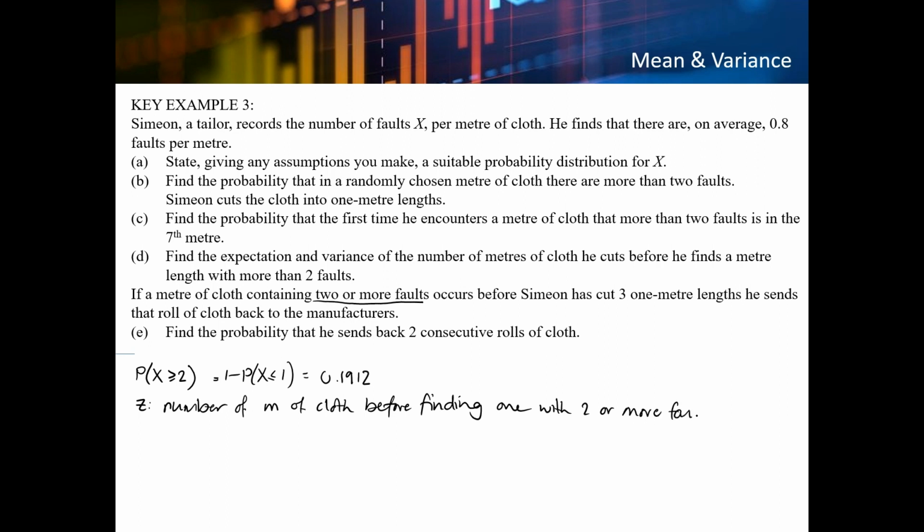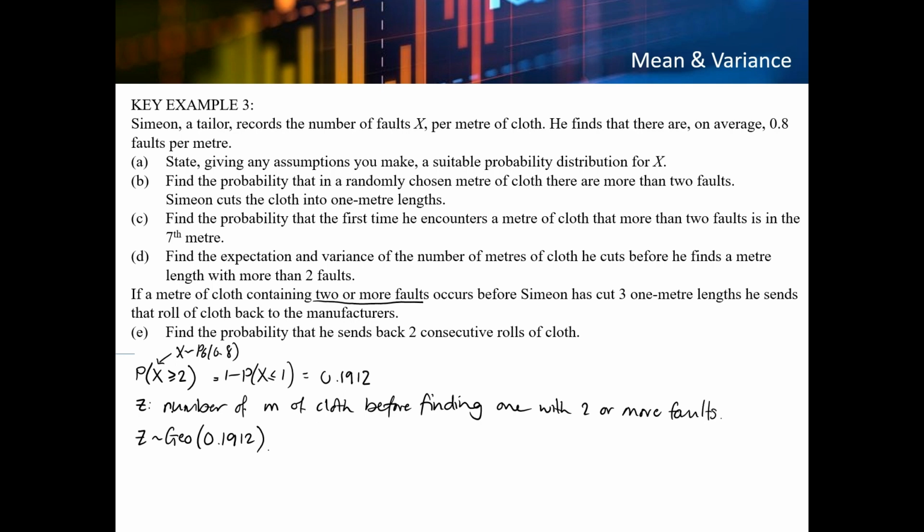So we're basically redoing parts B and C with this slight change in probability. Z now is following a geometric where it was previously, of course, a Poisson, and hence why I've kept the x, because that x was for our Poisson. And we've got our 0.1912.